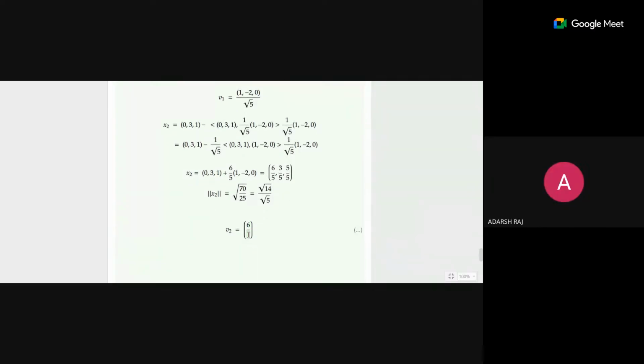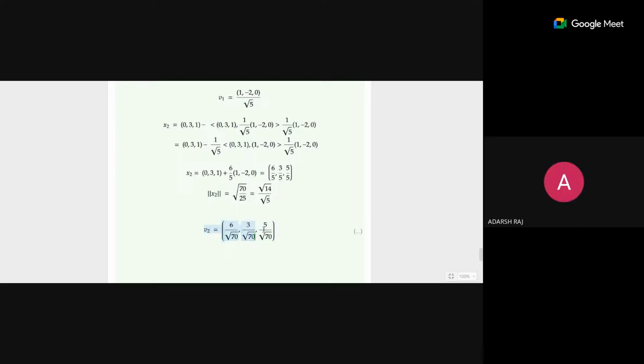So 6 by root 70, and the second one, 3 by root 70, and this will be 5 by root 70.